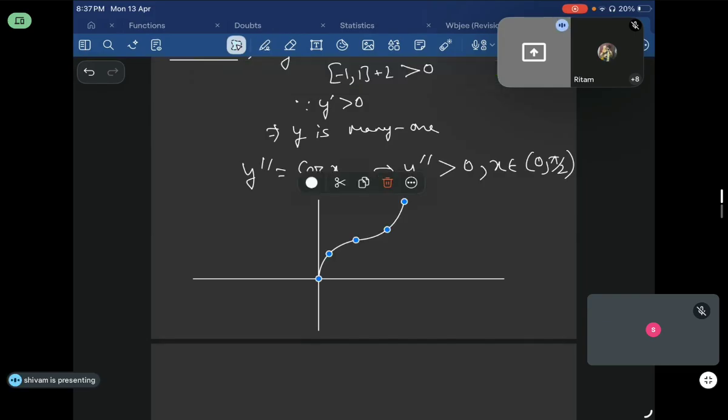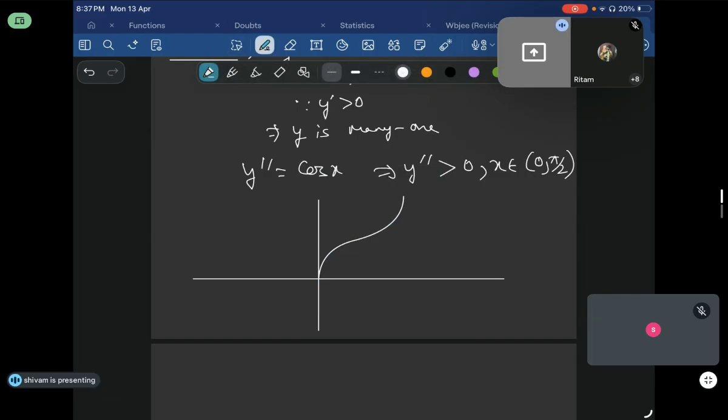Are people getting? The concavity will change because dy by dx will be less than 0. Next, same thing below also. Tell me. Have you people understood how the graph will look? Hello. Wait a minute.